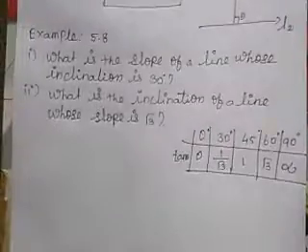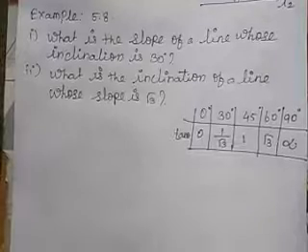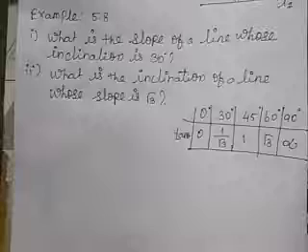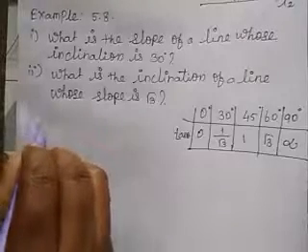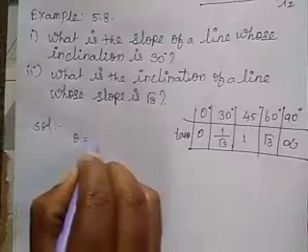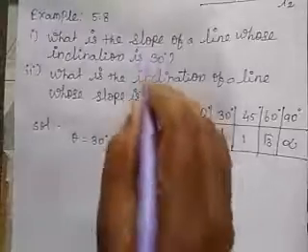The next one is example 5.8. The first question is, what is the slope of a line whose inclination is 30 degrees? Here theta is given, theta is 30 degrees. They are asking for the slope.